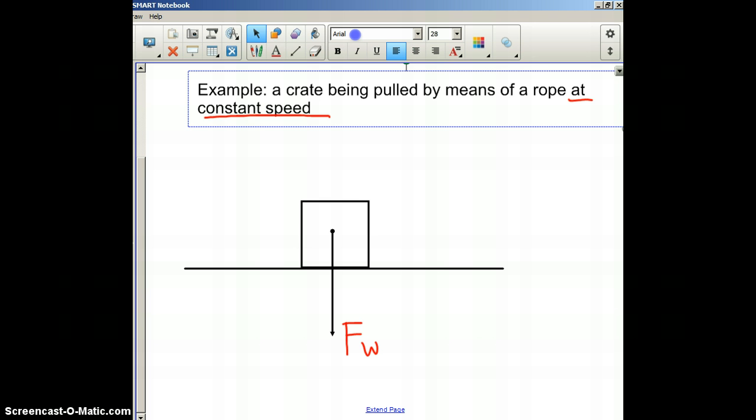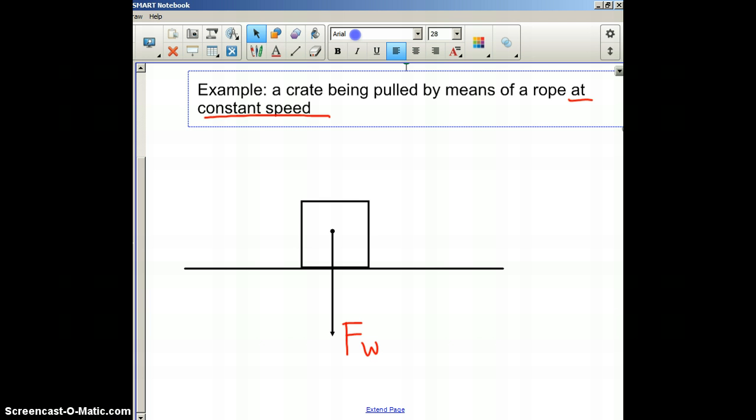Now, according to Newton's second law, if an object is not accelerating in a particular direction, then all the forces acting on the object must be balanced. So if there's a downward force of the crate on the ground, then there must be an equal and opposite force of the ground on the crate. We call this force the normal force in this instance.